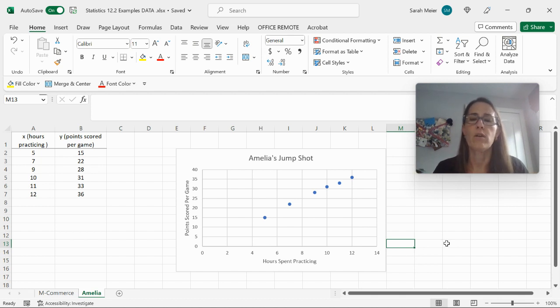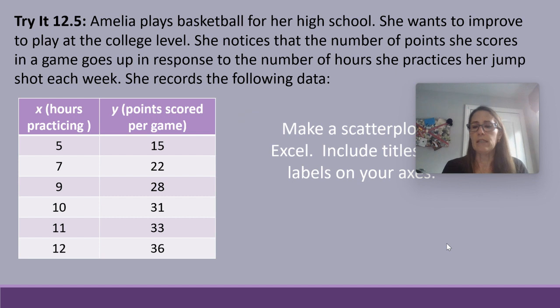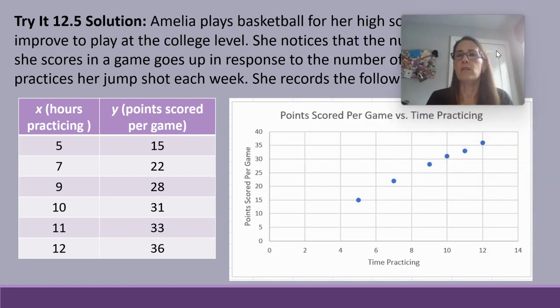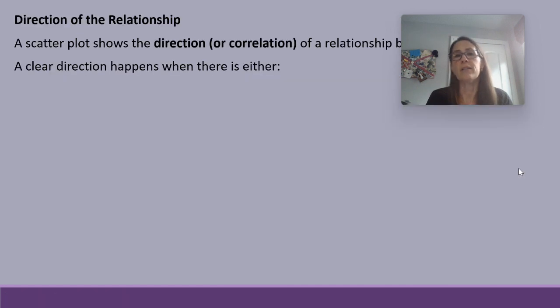And so that's why it's important to make it clear, visually easy to read, so that people understand what you're showing them. So, all right. Here's that same scatter plot that we just did, with a different title.